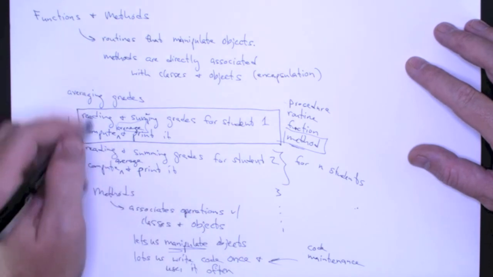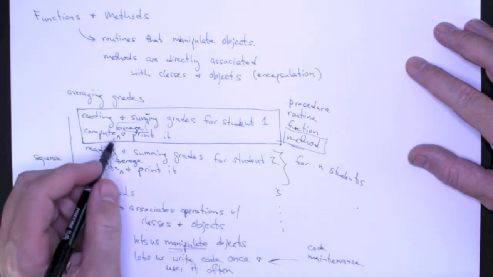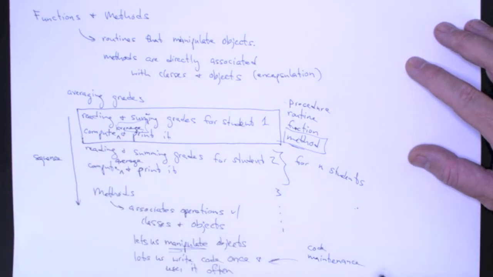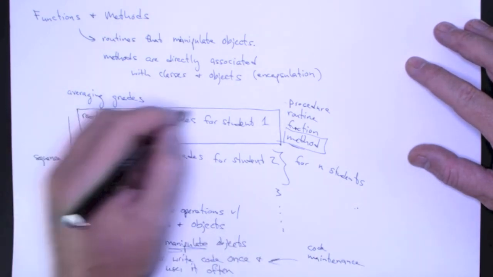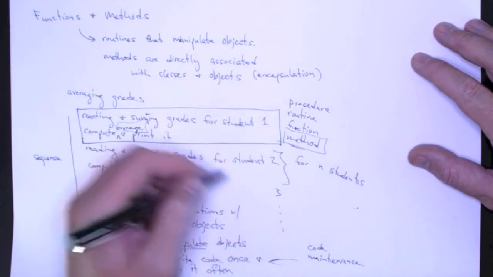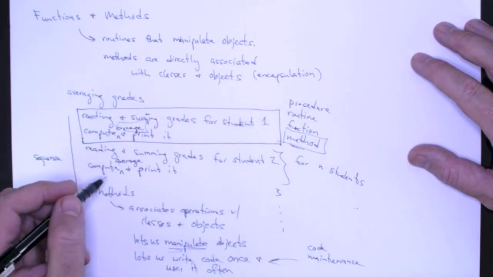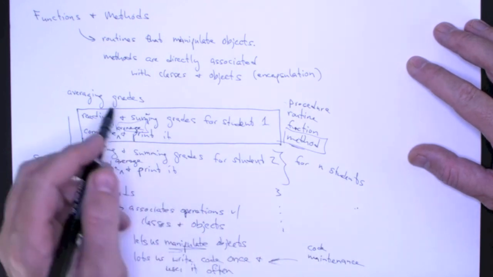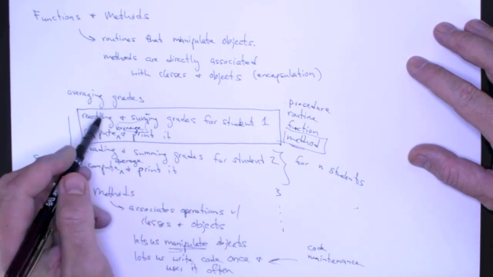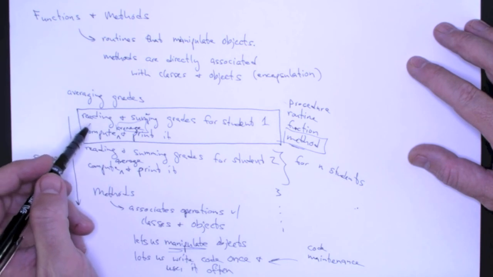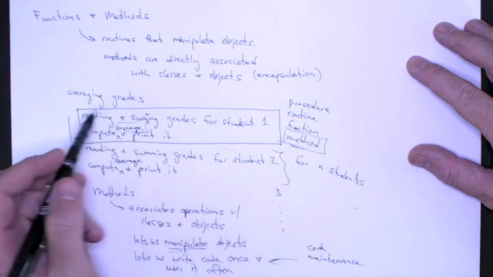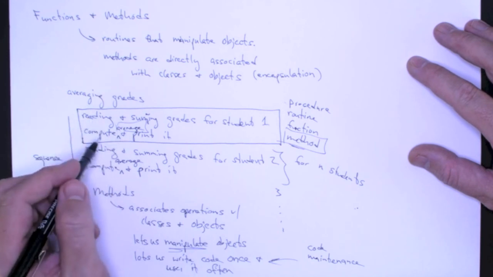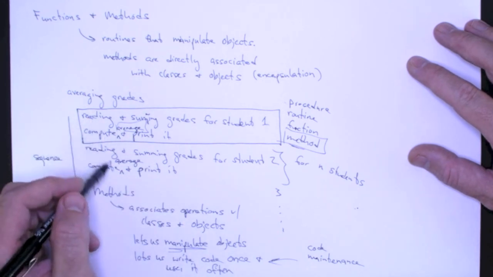If I had continued this exercise for all n of my students, I would have had to write the word average n times. But if I've only written this statement one time and I keep referring to it through a routine, then I only have to make 1 change. So from a code maintenance standpoint, if I do make a coding error in a routine, I only have to change that routine. I don't have to go looking for every single place where I've cut and pasted that code and then make those changes.